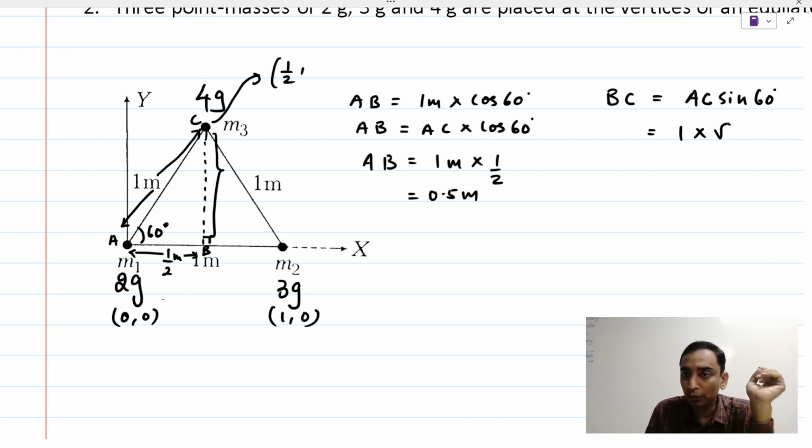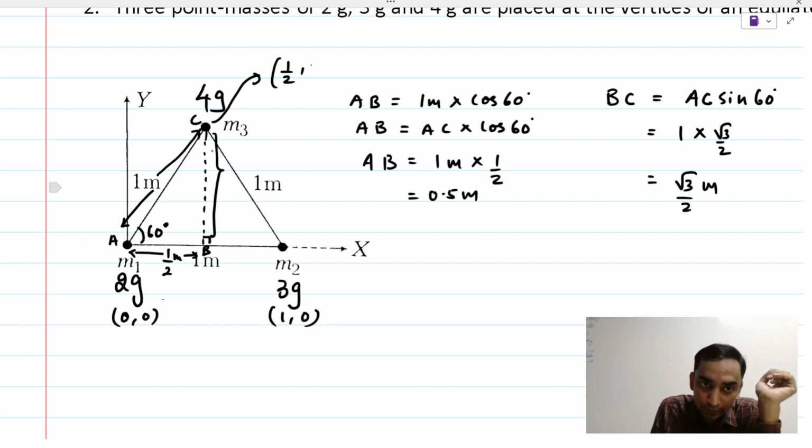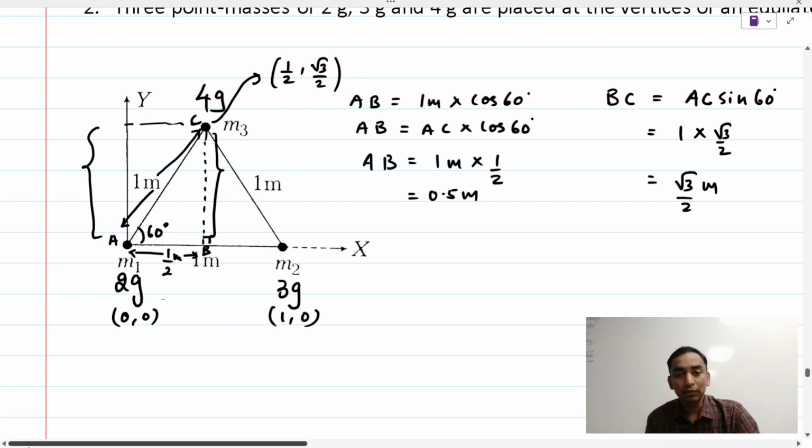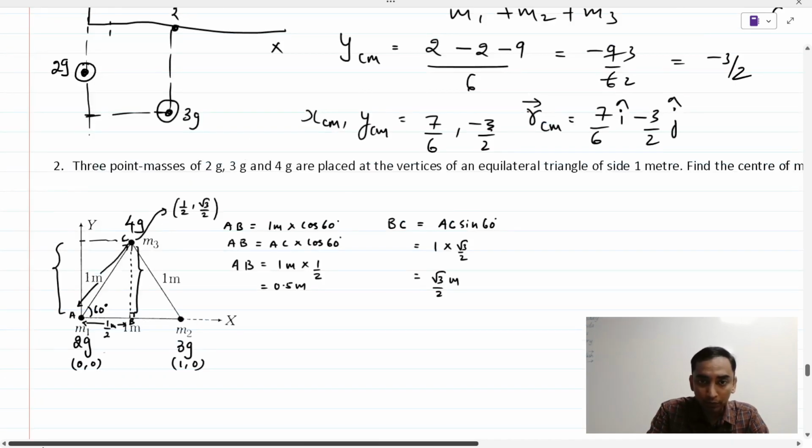This is 1 meter into root 3 by 2, so I'm simply going to write this as root 3 by 2 meters. So this distance is also root 3 by 2, and that makes the y coordinate root 3 by 2. Now since I know the coordinates, I can very well go ahead.